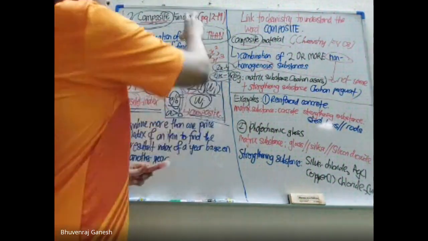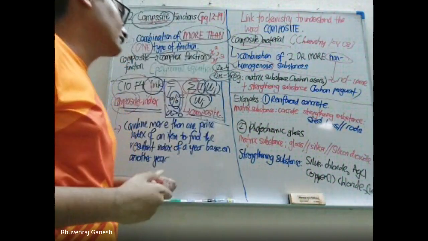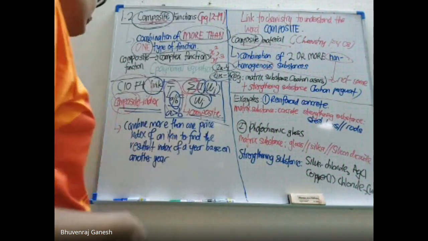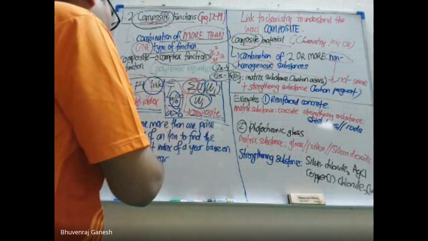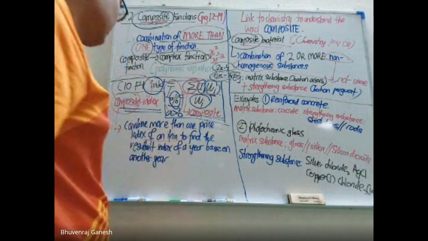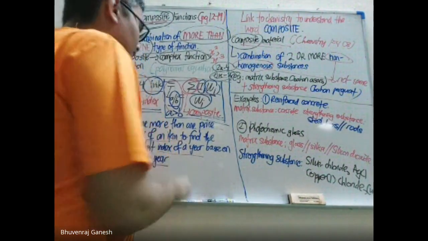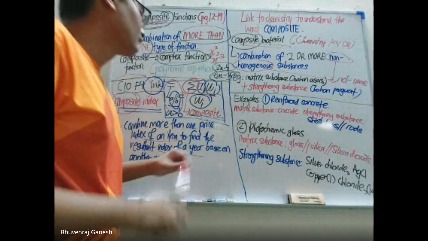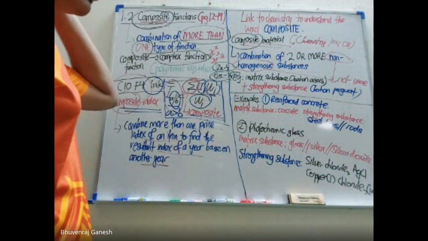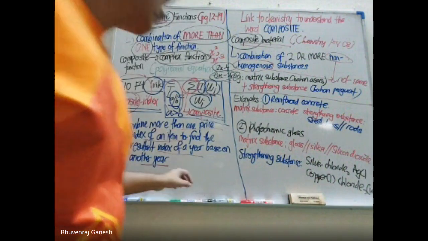This is what we are kind of doing in composite functions. It's combining more than one price index of an item to find the resultant index of a year based on another year. So that's quite clear on the starting part of composite index.